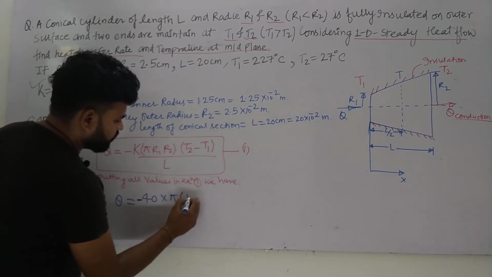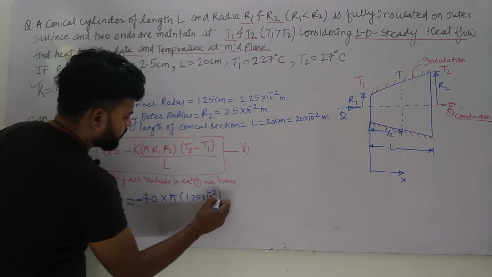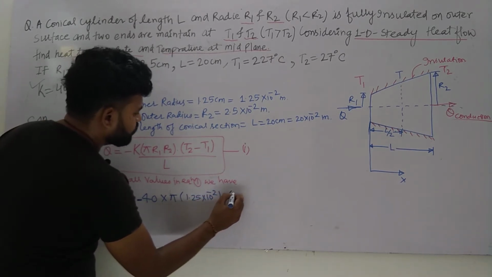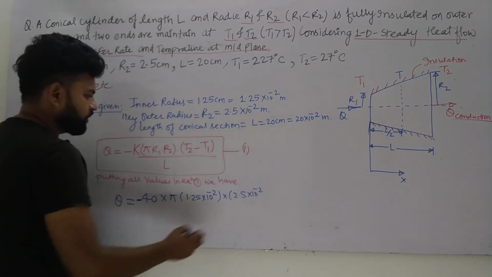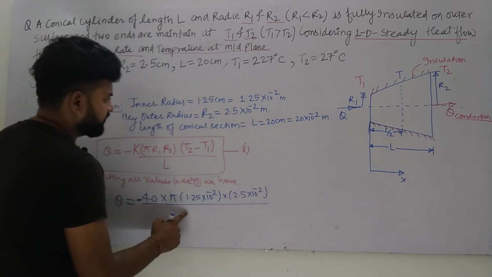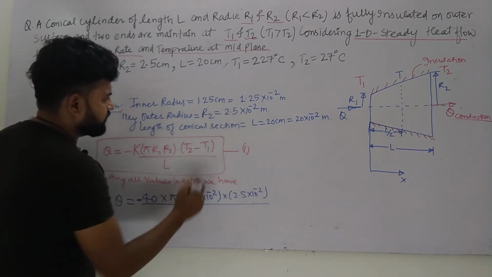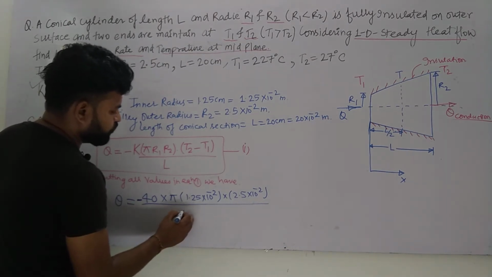R1 is 1.25 into 10 to the power minus 2, into R2. What is R2? 2.5 into 10 to the power minus 2. Okay. Now divided by L. What is L, my dear students? L is 20 centimeter. So this will become 0.2 meter.